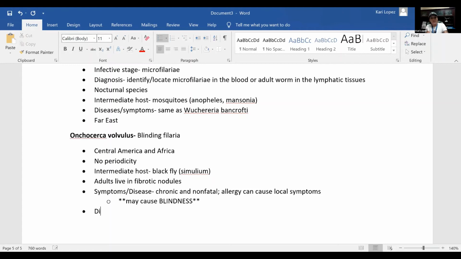And then your diagnosis: in excised nodules, and you'll all know that means cut it open. Or microfilariae and skin snips of nodule.